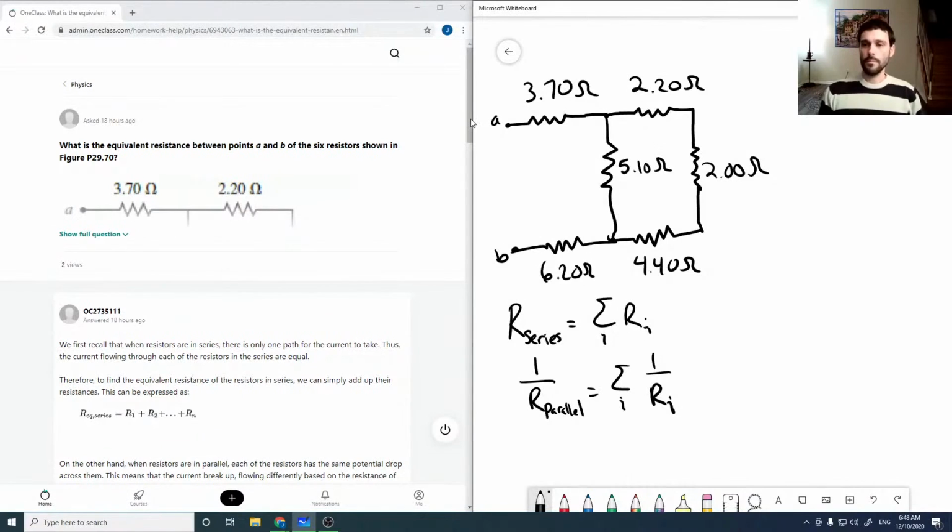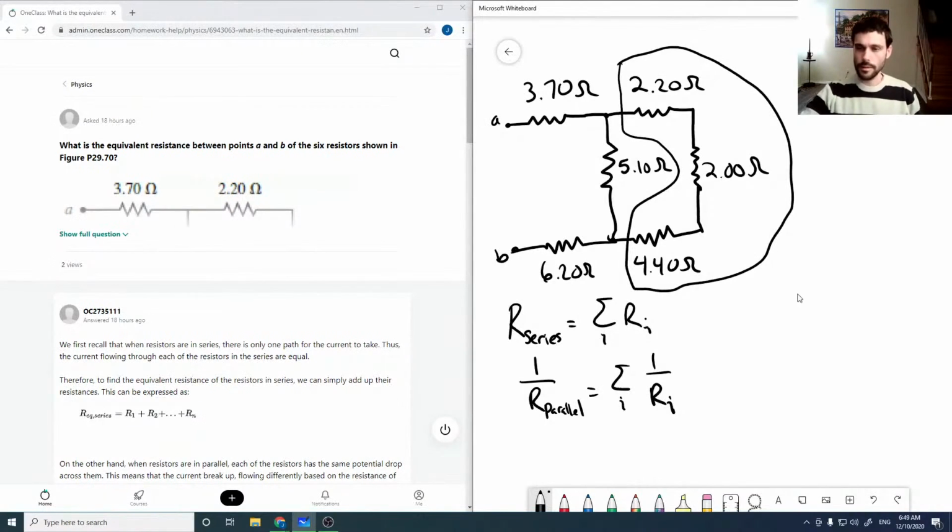we've got some resistors in parallel and some resistors in series here. And we're going to need to apply these in different orders. So if we look here, these are all in series, and they're in parallel with this guy, and then that segment's in series.